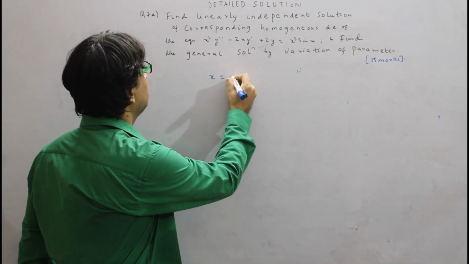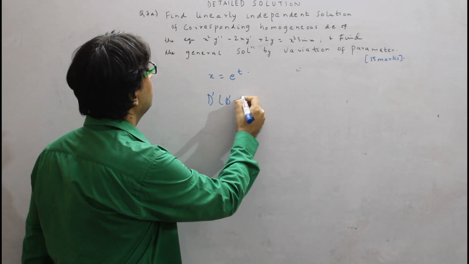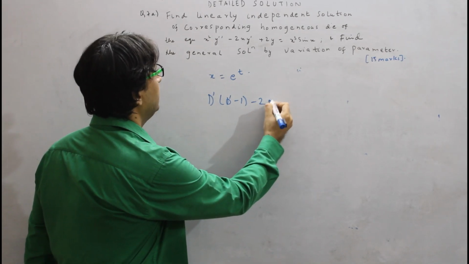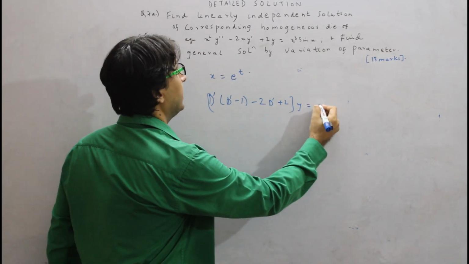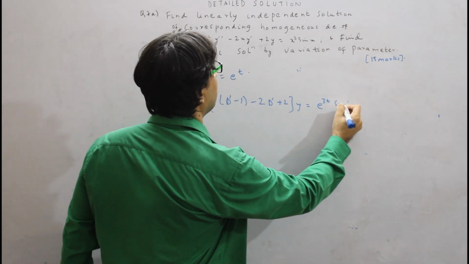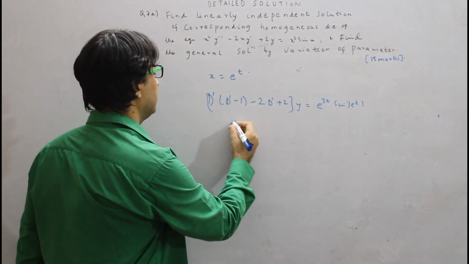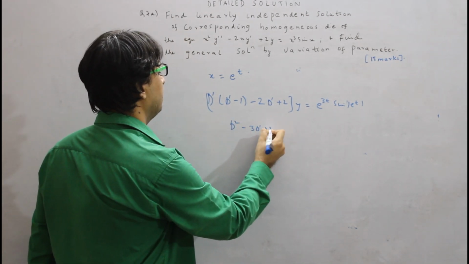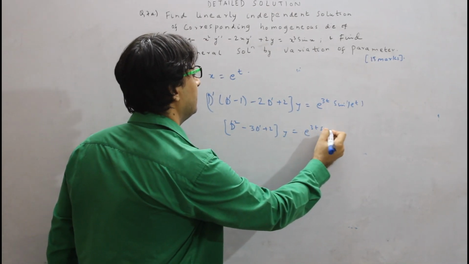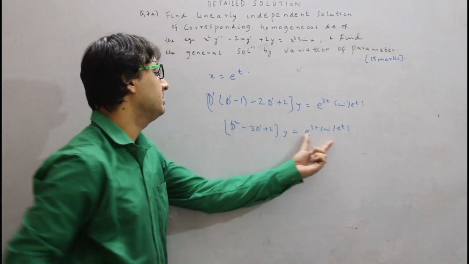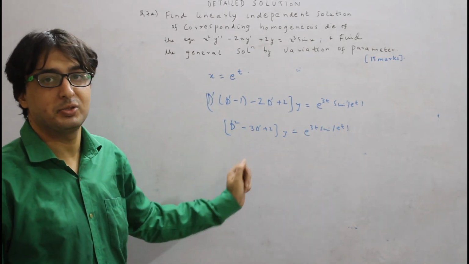If you put x = e^t, then this becomes D'(D' − 1) − 2D' + 2y, and this can be written as e^(3t) sin(e^t). So we get this as (D² − D')y, and here this becomes integral, becomes different. So this can also be solved by this method if it is asked to do so.